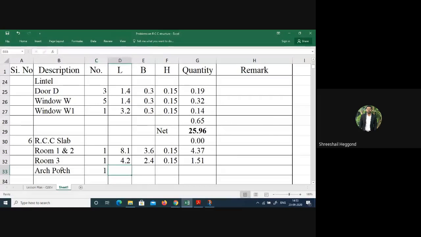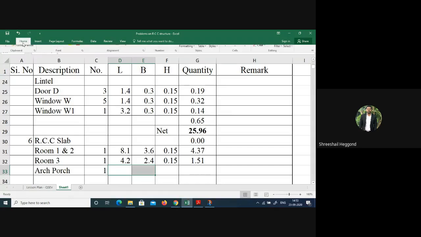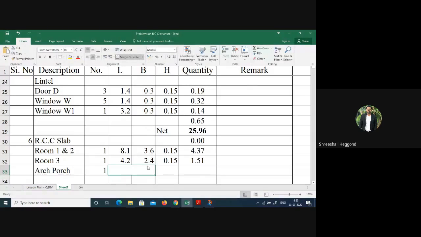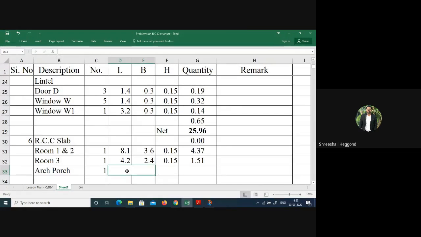Number will be 1. What will be the area? Directly you need to write the area, not length and breadth, because for this section we will not have the length and breadth for calculation of volume. Area into height you have to multiply. That's it. You will get the quantity.